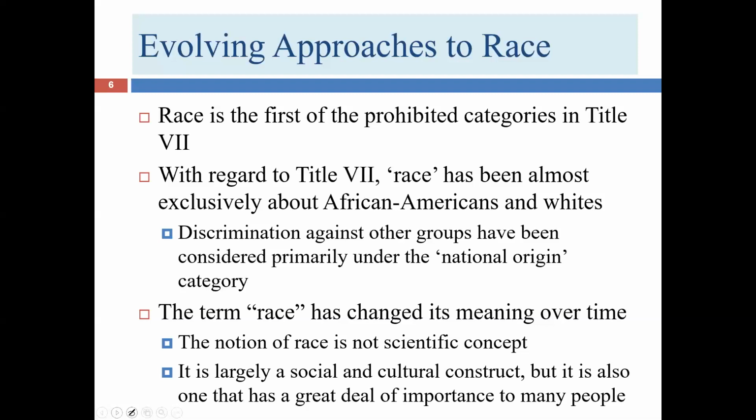When one thinks about it in these terms, one realizes that race is a social and cultural construct, but it's not so much a biological or genetic construct. It doesn't mean that it's not an important part of people's identity, that it isn't something they can get a lot of satisfaction and pride from because of their connection to that community, but it's not a medical fact.